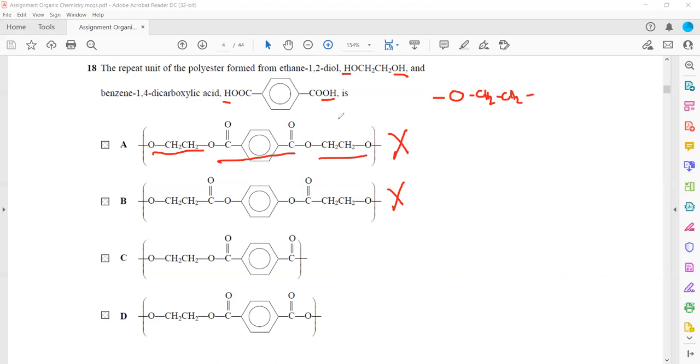So basically one of them is C double bonded with O. So one will be O, another one is C double bonded with O. Then there's a box, and then C double bonded with O. And because we remove OH, there should be a bracket and n. So it matches with option C. So C is the right answer for this one.